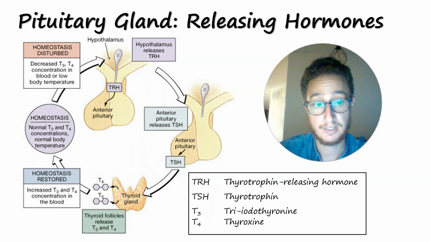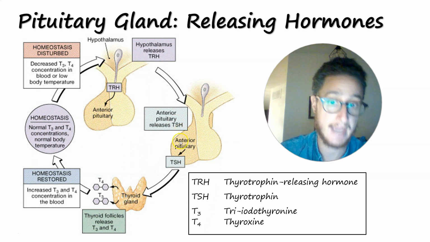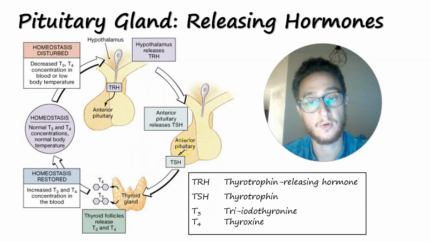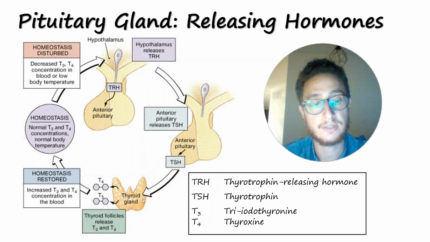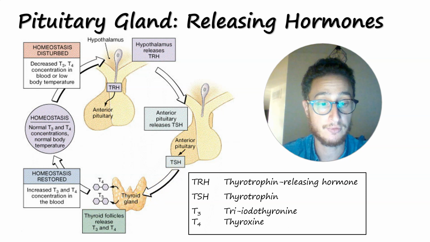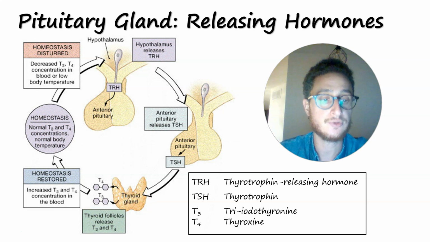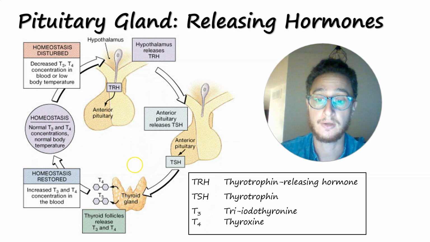And there's a change now. The anterior pituitary is now going to activate the cells that produce TSH, the thyroid stimulating hormone. And so that thyroid stimulating hormone is now going to make its way through the bloodstream to the thyroid gland, and now the thyroid gland is going to upregulate its hormones that actually do the job of increasing your metabolic rate.